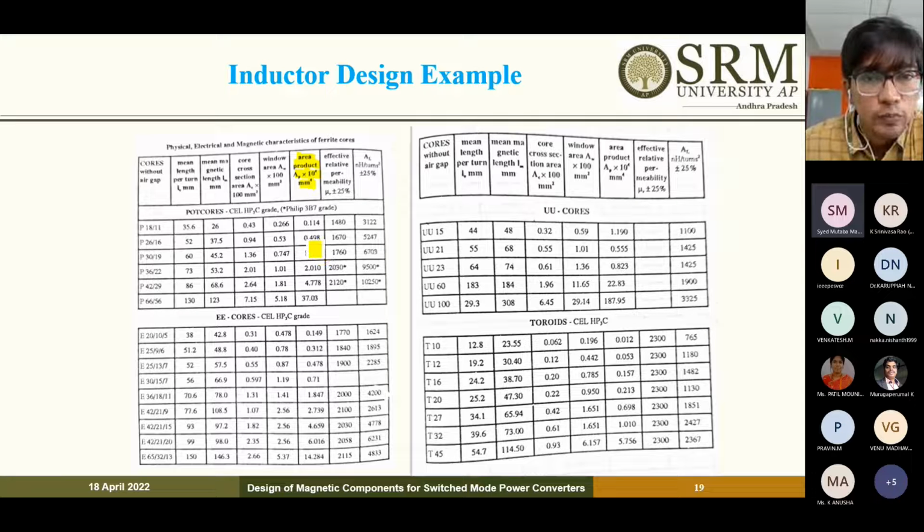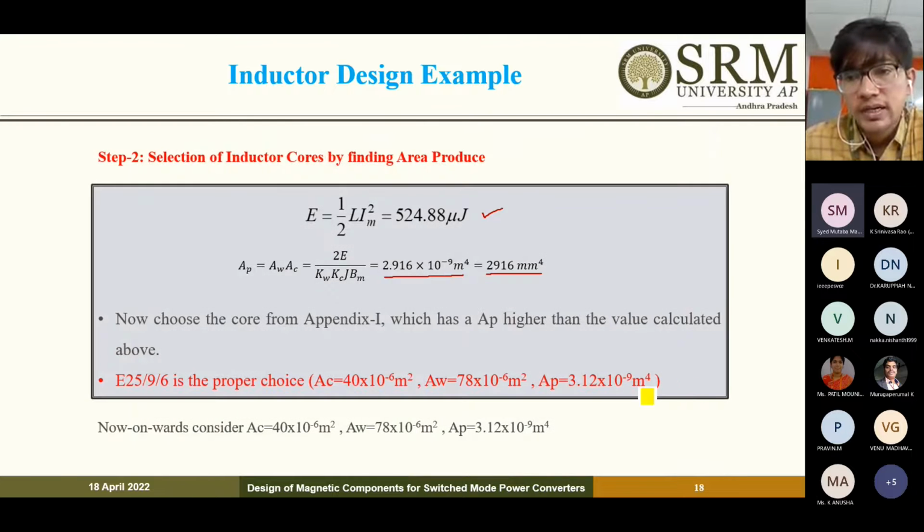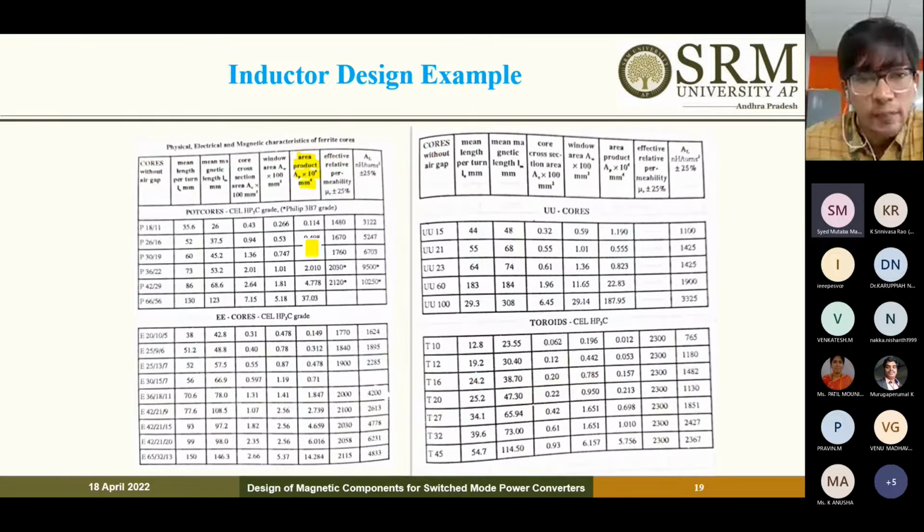It is 0.498 into 10 power 4, that is 4980. We got 2916. That means the area product of this particular core is more than what we have calculated. Therefore, we can go with this core. This is one core which we can use.